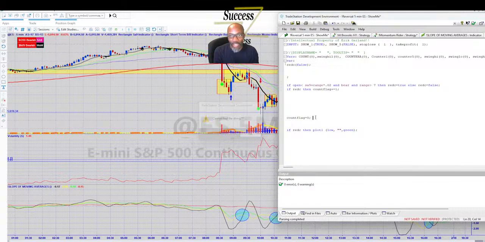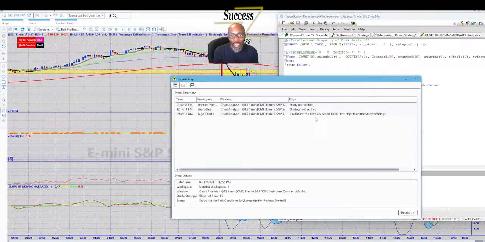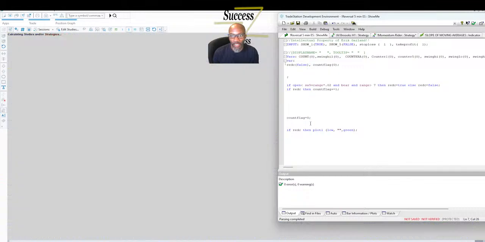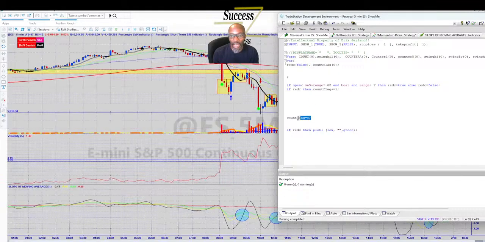Now I need to not put a semicolon here, because if I put a semicolon and then I verify it, well, I hadn't declared it. We're going to start off at 0. Now if I declare this, then it'll come out fine, but then I may have set that as 0 in the wrong place.